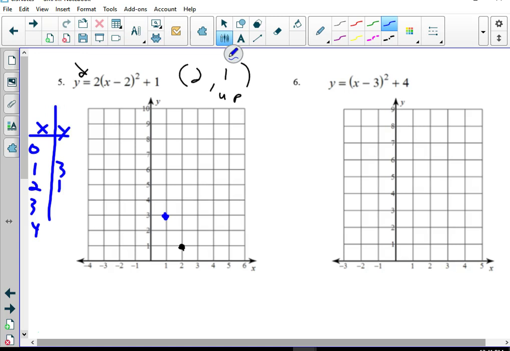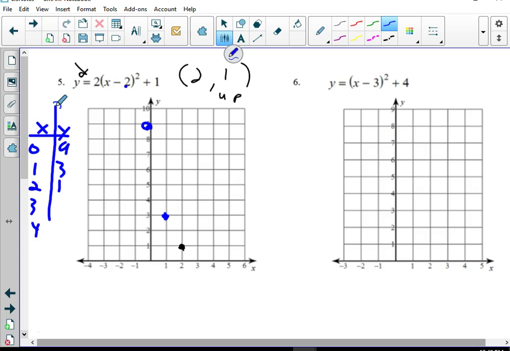0. That's easy. 0 minus 2 is -2. Squared is 4, times 2 is 8, plus 1 is 9. So 0, 9. 3. 3 minus 2 is 1.